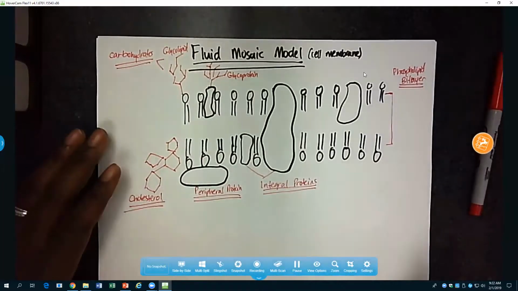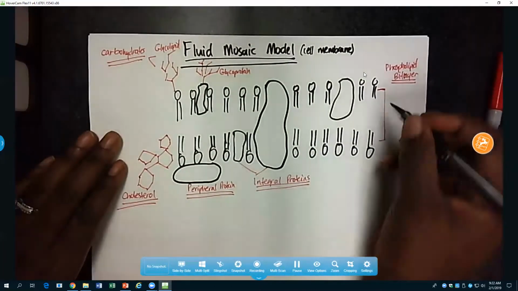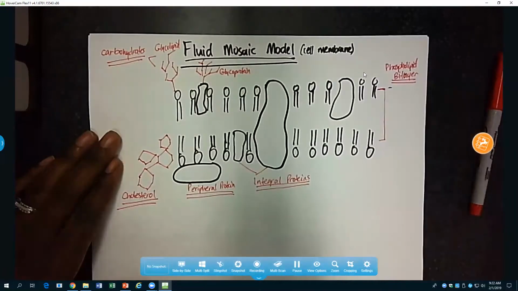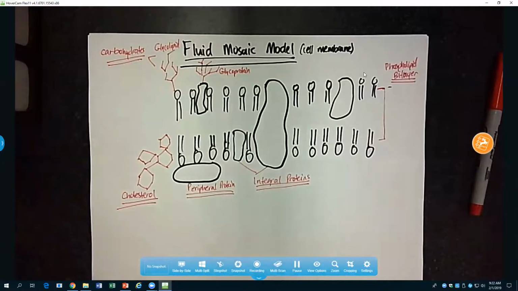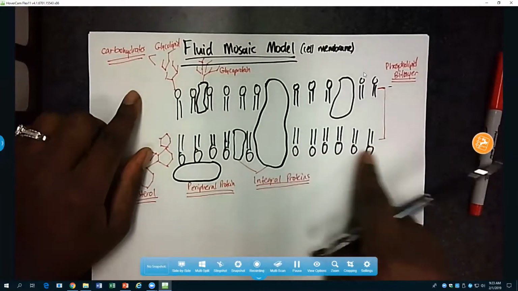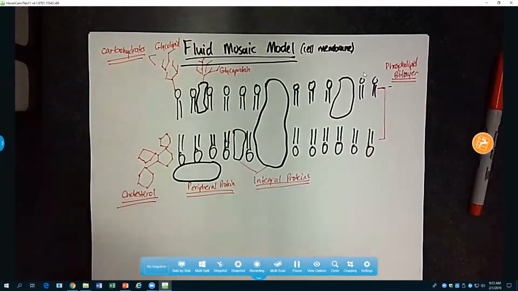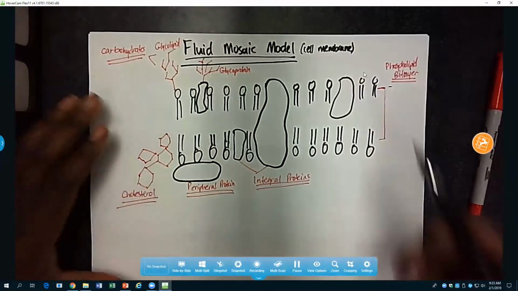The first thing we know is that the main structure of the cell membrane is formed by what structures? What structures? What do we call these? We described them and we looked at biomolecules. Phospholipids, right? They have a hydrophilic head and a hydrophobic tail, right?